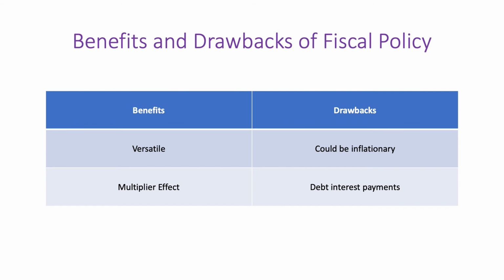Interest payments obviously have to be paid on this debt, meaning that as the national debt increases, more and more tax revenues that would ordinarily go to other causes to provide public goods have to be redirected to pay these debt interest payments. This could be seen as wasteful and certainly avoidable if the debt was reduced. This is one reason why the UK followed a policy of austerity after the 2008 financial crisis.